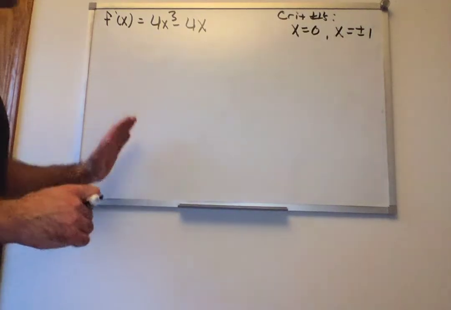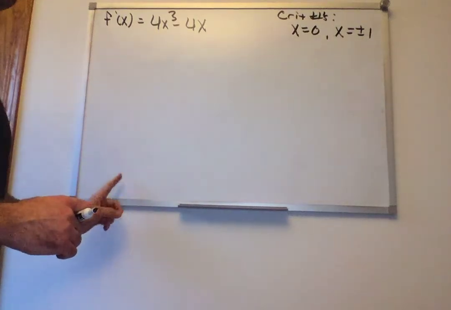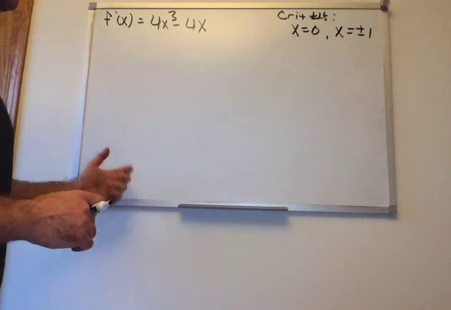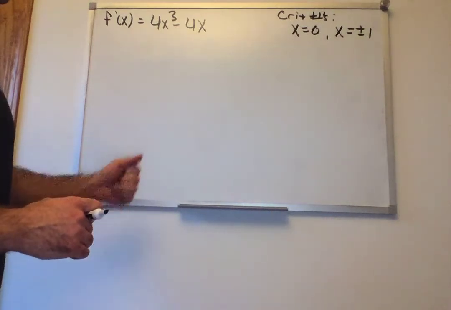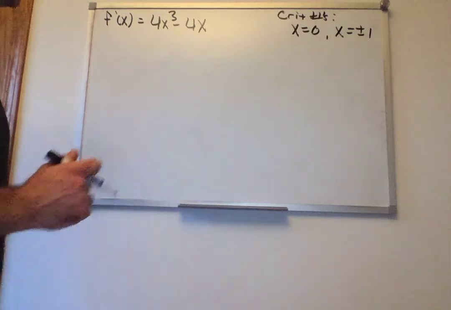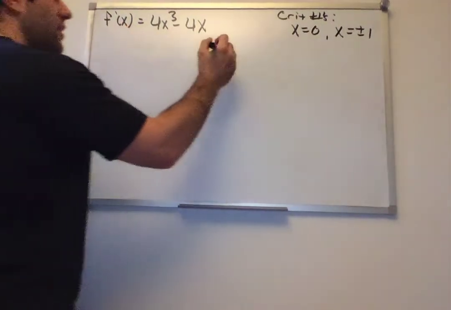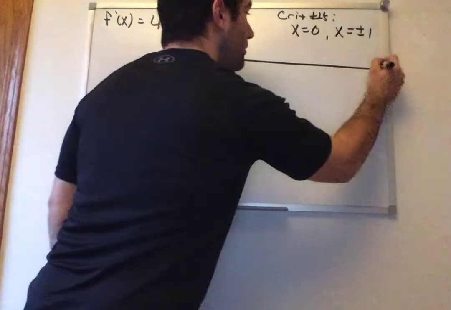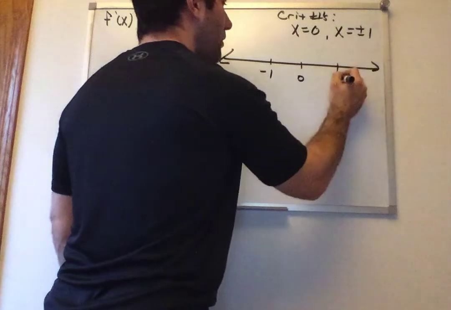But before, we were looking at where intervals worked and didn't work. Now we're going to care about the signs, and that's all we're going to care about. Is it positive on this interval or negative on this interval? Does it go negative, positive, something like that? Okay, so here's my interval. I've got -1, I've got 0, I've got 1.